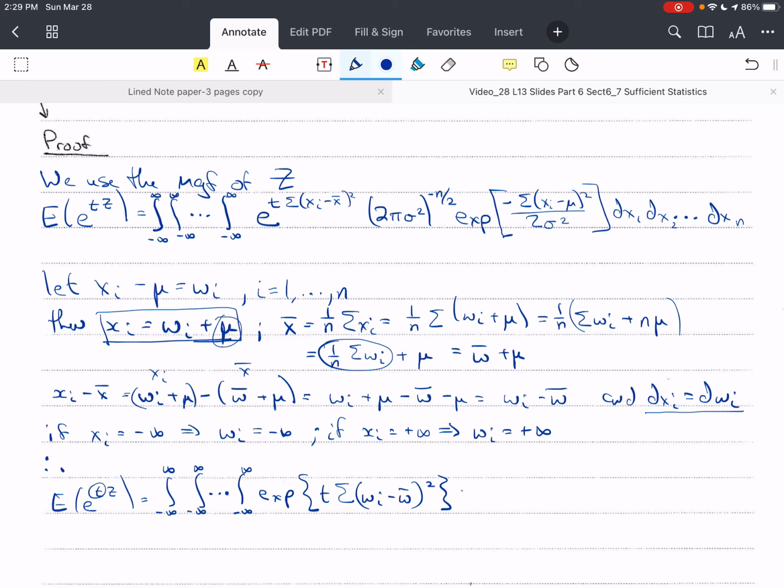And then we have 2 pi sigma squared to the negative n over 2 exp to the negative sum of wi squared over 2 sigma squared, dw1, dw2 up to dwn.